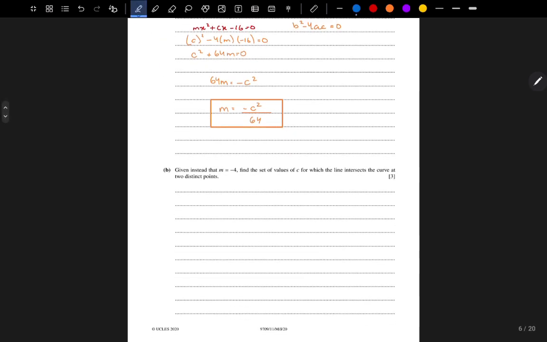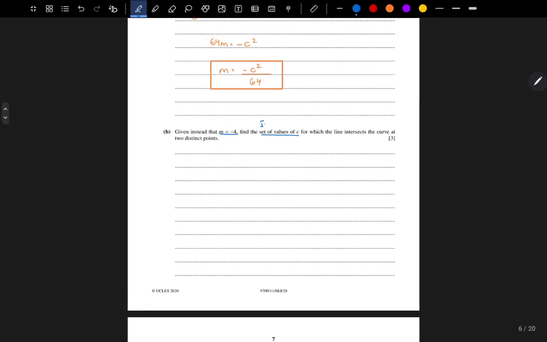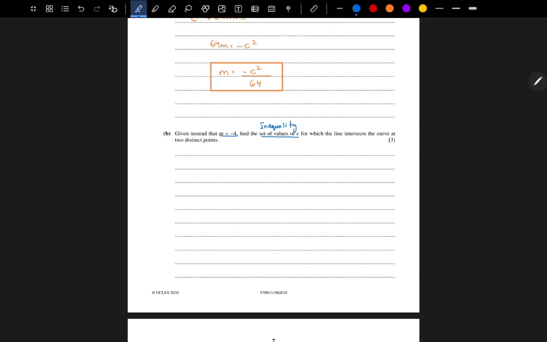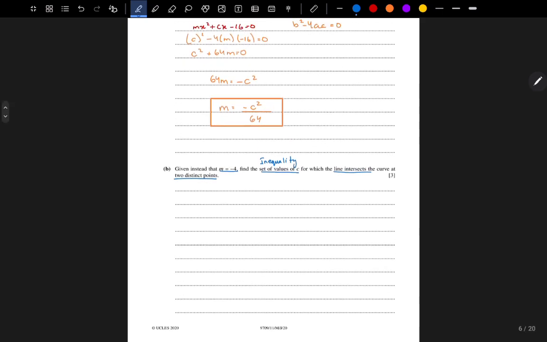In the second part of the question, it is given that m is equal to −4 and we need to find the set of values of c, which also means it is an inequality. It is also given that the line intersects the curve at two distinct points.